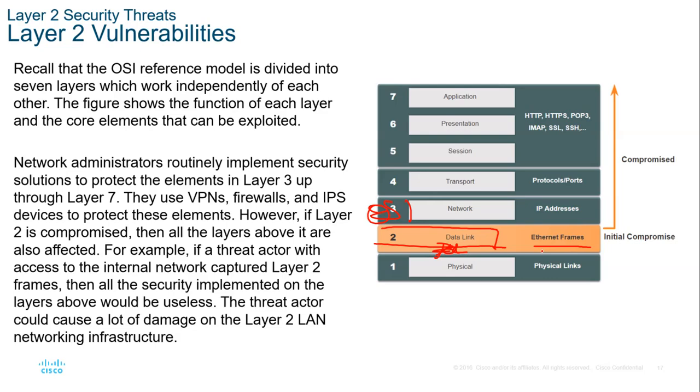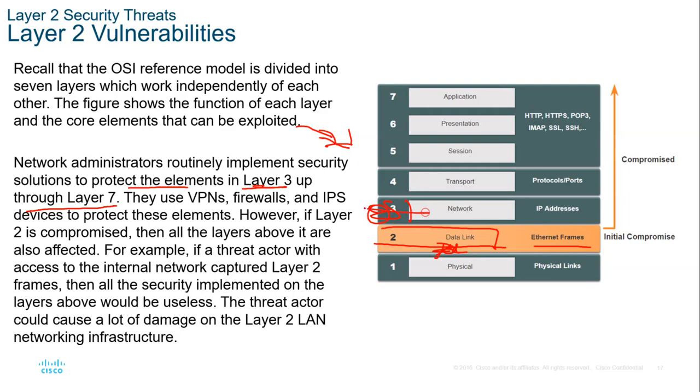Recall that the OSI reference model is divided into 7 layers which work independently of each other. The figure here indicates all 7 layers. Network administrators routinely implement security solutions to protect the elements from layer 3 up through layer 7, starting from the network layer.